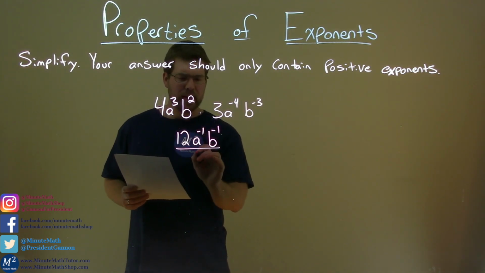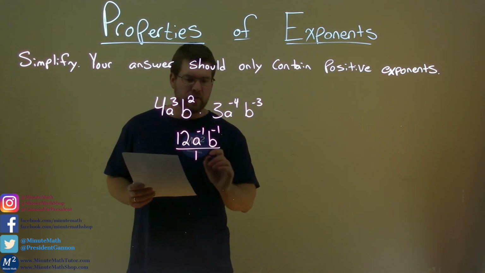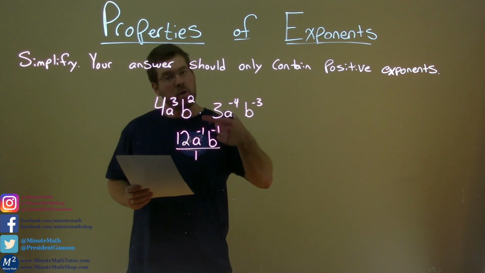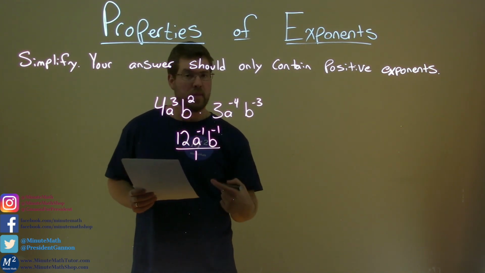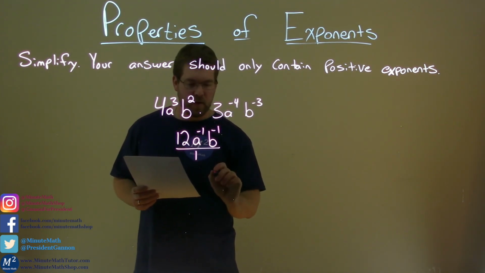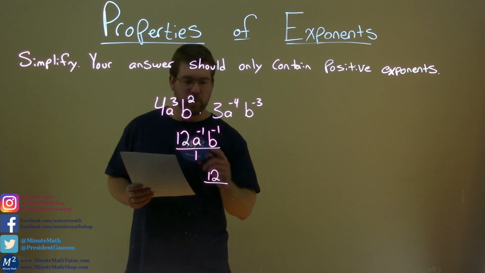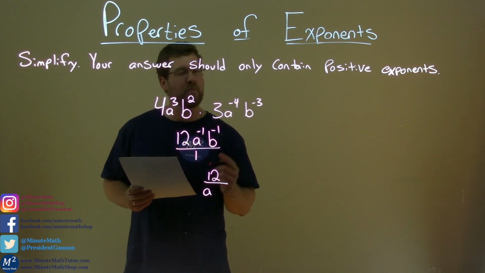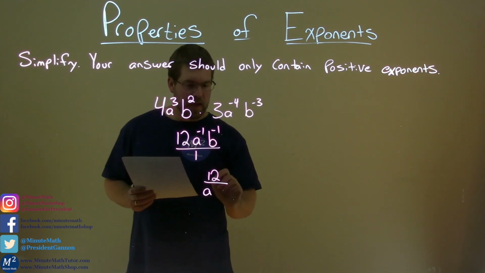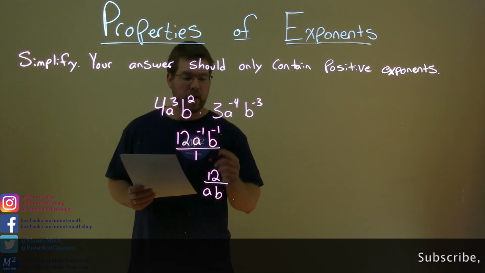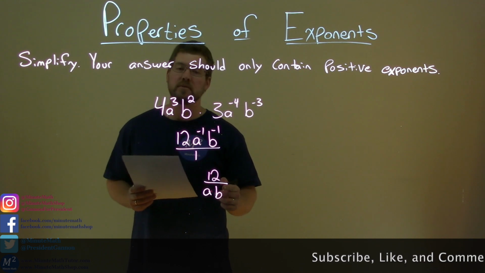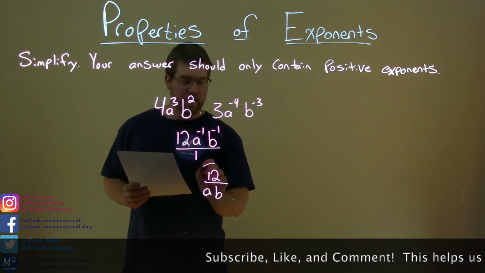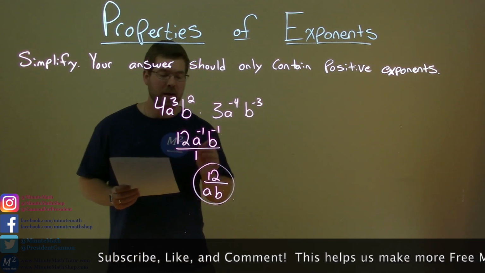This whole thing is kind of like over a fraction, and so we can bring that negative 1 in the numerator to a positive 1 in the denominator when it's an exponent. So we have 12 left in the numerator, bring both these down. We have a to a positive 1 power, which we don't have to write, remember. And then b comes down, again, positive 1 power, but again, don't have to write it. So our final answer here is just 12 over ab.